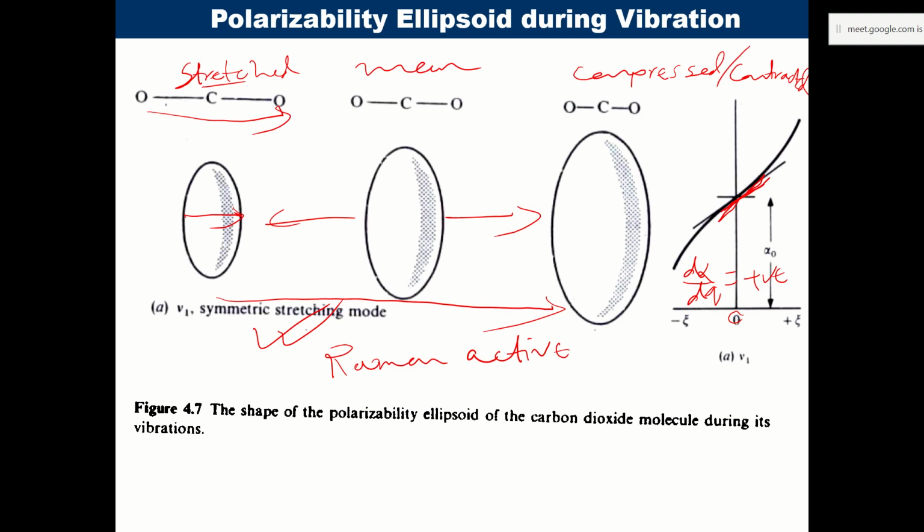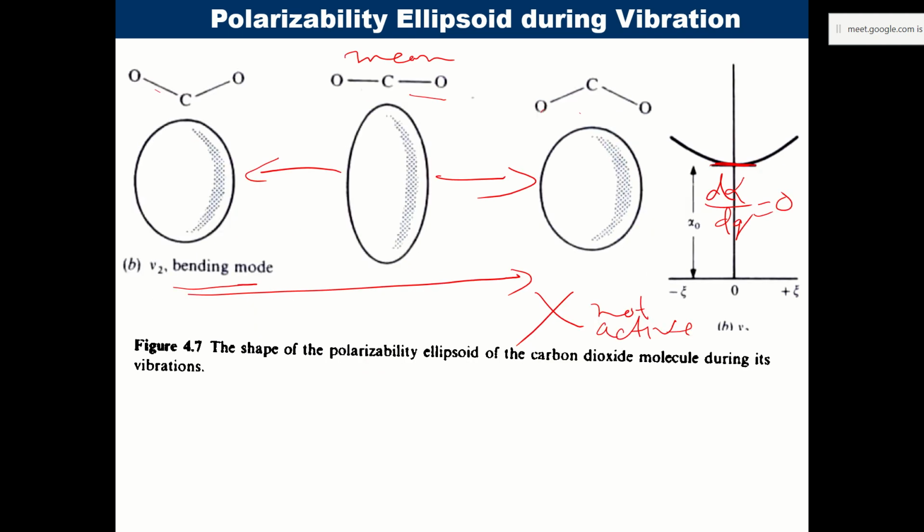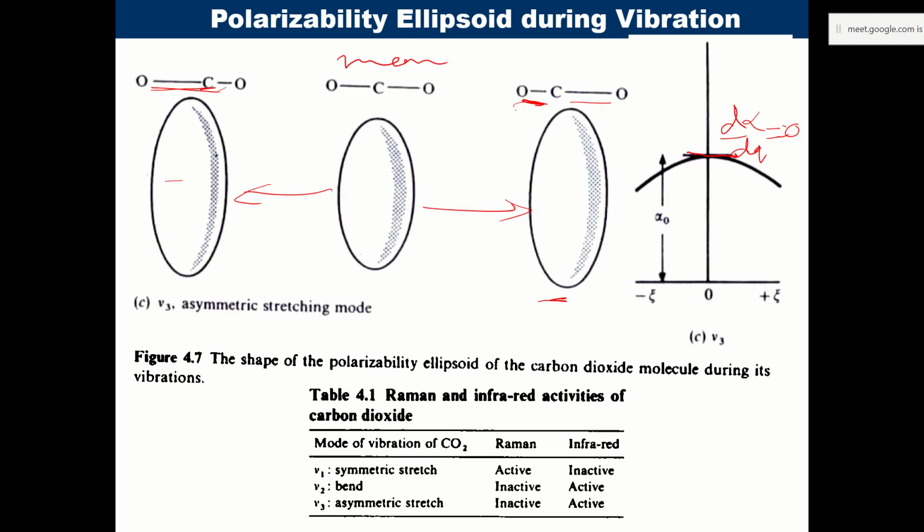So what we are doing is taking the mean position, one extreme position, and the other extreme position during the vibration, and drawing the ellipsoid. If there is a consistent change from left to right on both sides, it will be Raman active. If the change is equal on both sides corresponding to the mean position at the two extreme positions, you can expect that d alpha by dq will be 0 and it won't be Raman active. So these are the two things you can see. In asymmetric stretching, look at the mean position and the left and right side of the two extreme positions during the vibration.